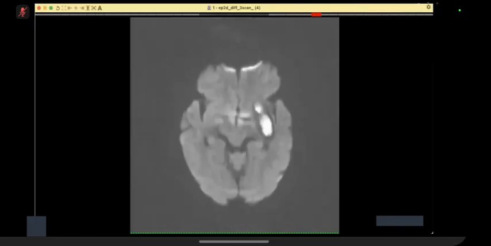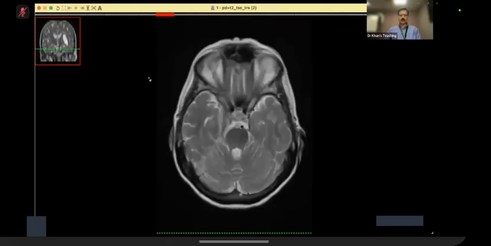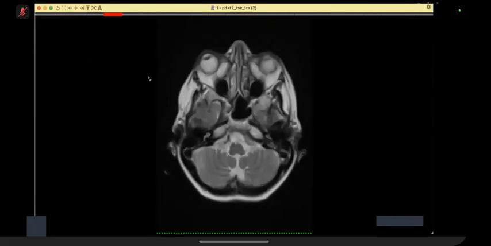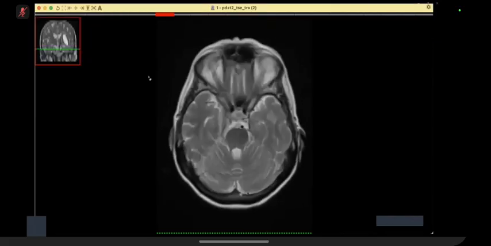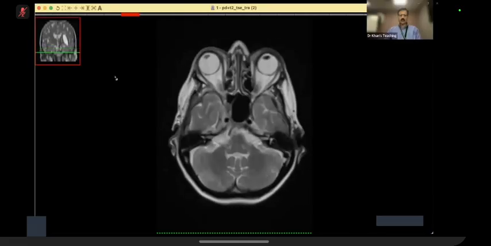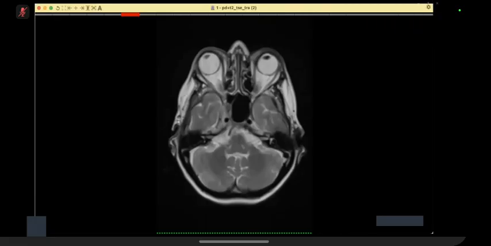I can see the signal changes in the T2. So this is the T2. Yes, it's bright also in T2. What else would you like to see? The only remaining is the contrast study.